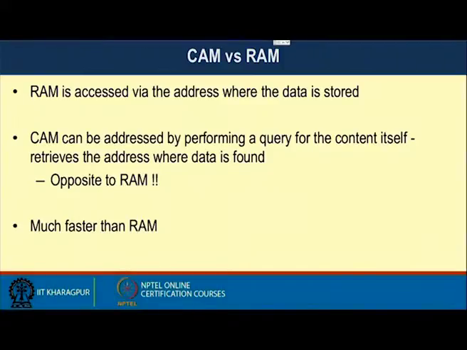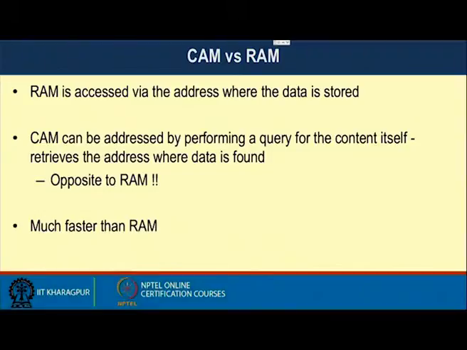The operating system needs to issue the address where the data is stored inside the RAM, and then it sends that particular address and fetches the data from it. So, RAM is accessible via this address, and it works on a sequential address principle and at the same time a random address access principle. You can just pick up an address, go to that location, and pick up the content from there.